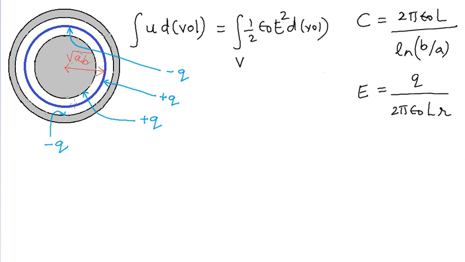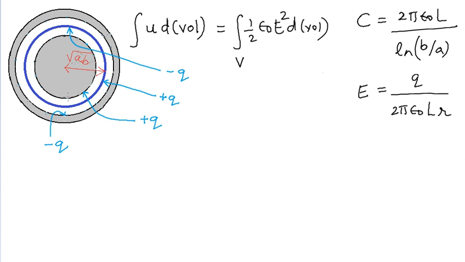Now once again observe, like in the previous method, the gap is divided into two regions. One of them is this region and the second one is this region. But the difference in this method is that the division of the gap is now accomplished by a physical conducting shell rather than an imaginary cylinder.